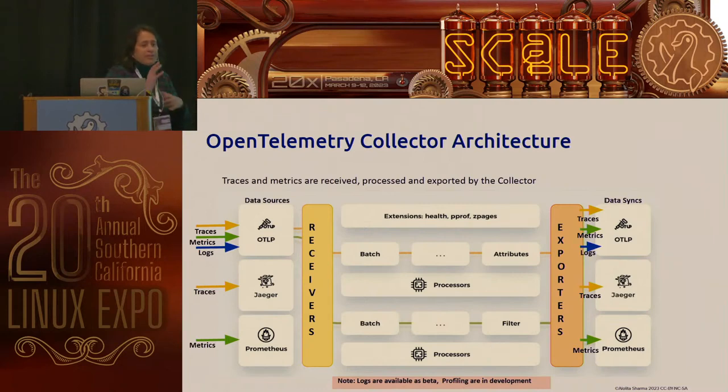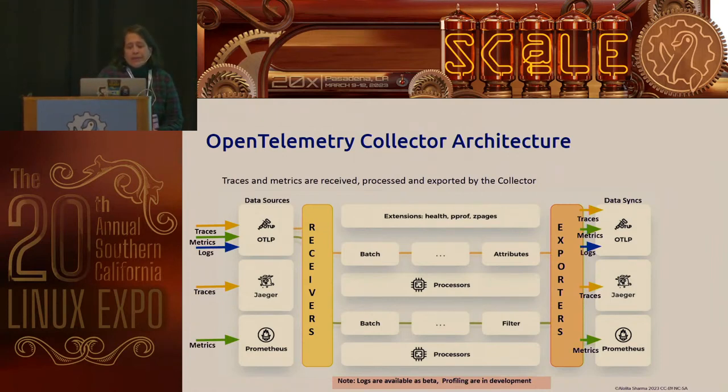You could aggregate and process it in a processor and then send it. You could attach labels using your attribute processor. So there are different types of processors in the collector that you can leverage to massage your data to be ready for export so that it's consumable right out of the box.